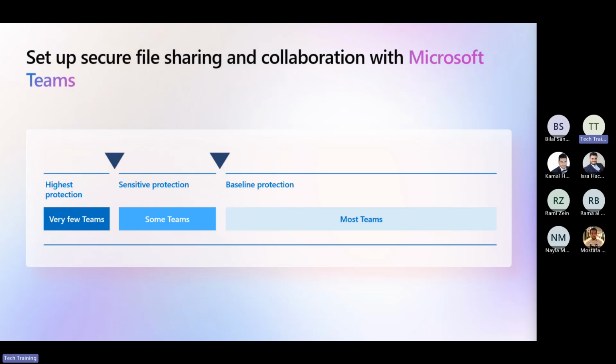And we have some teams like, let's say, the financial department, the administrators, and maybe very few teams like the owners, like the administrators team. So as you can see here, each of these teams has their own level of protection or permissions that you might give to these users.